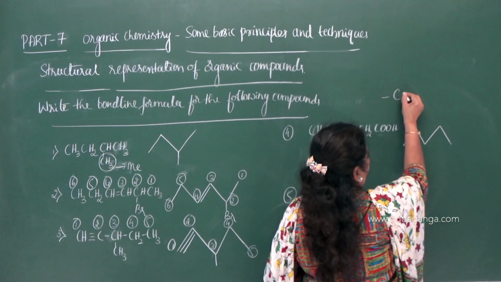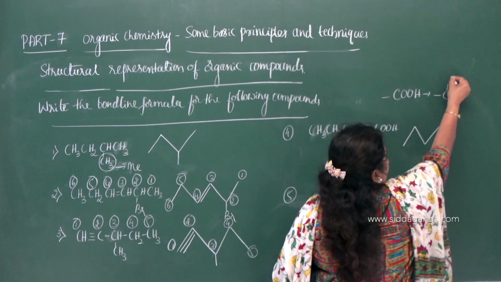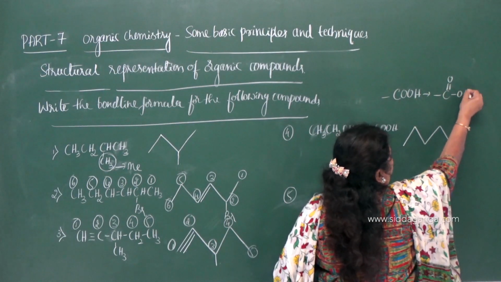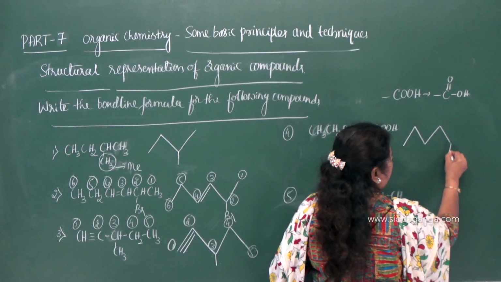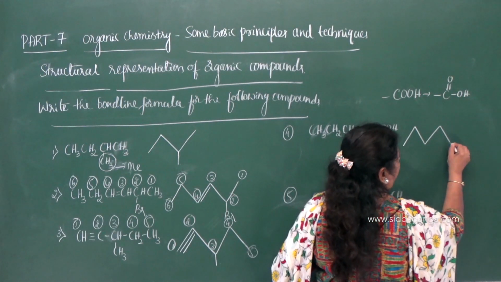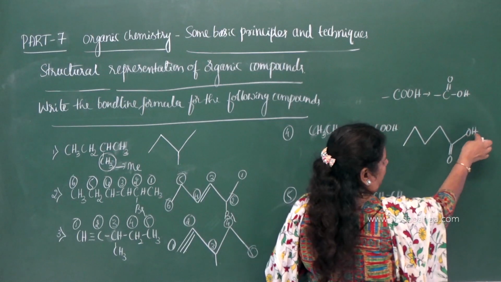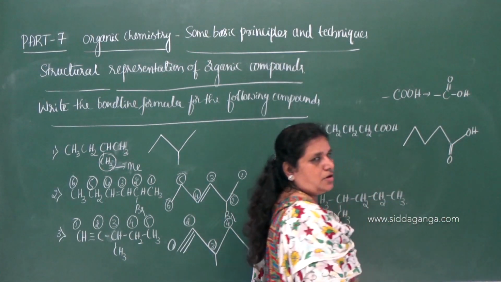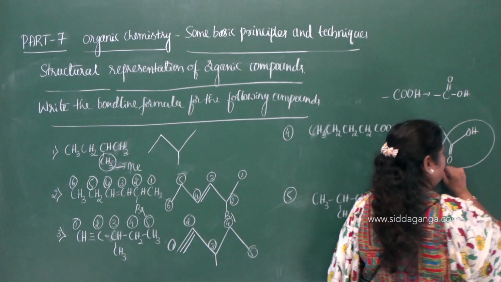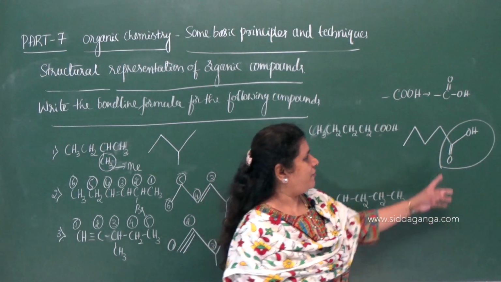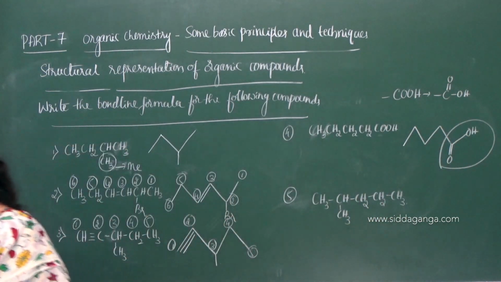So the functional group COOH can be written as C double bond OH. See here, C double bond OH. The carbon atom is not shown in the formula, but C double bond OH is written. The functional group can be written like this.